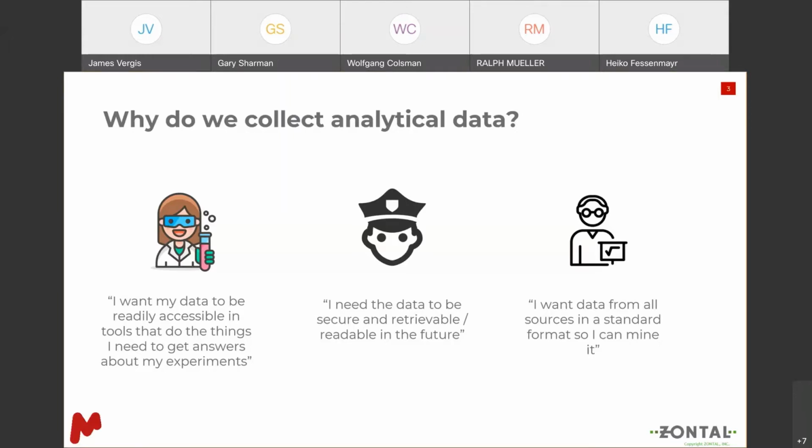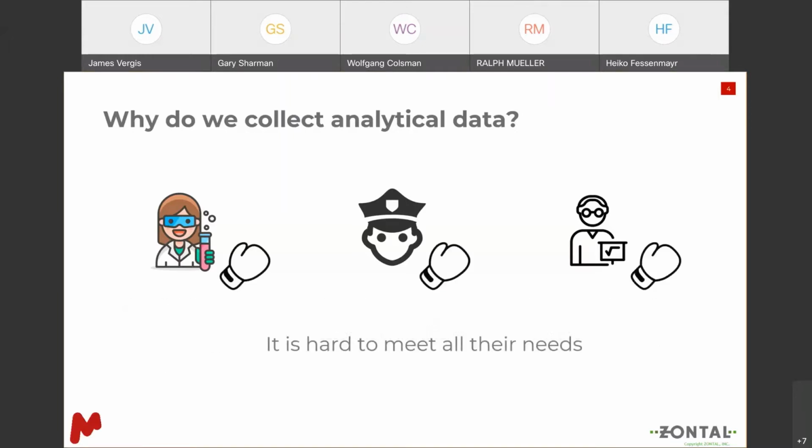So the problem with this perhaps though is it's hard to meet all of these different needs at the same time. So for example, maybe we might implement a new archiving system to store our data away securely. But if that system means that it now takes longer for that scientist at the bench to access their data than it did before, or they can't access it in the tool they want to access it in anymore, that's a big problem for them because it's going to make their life more difficult.